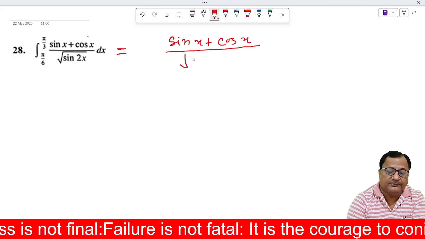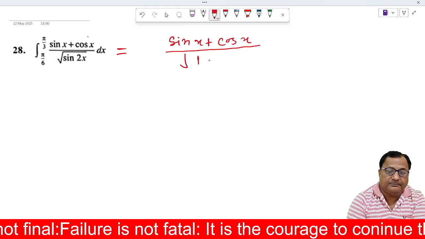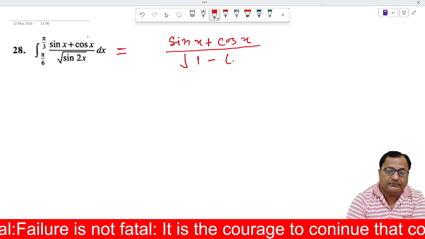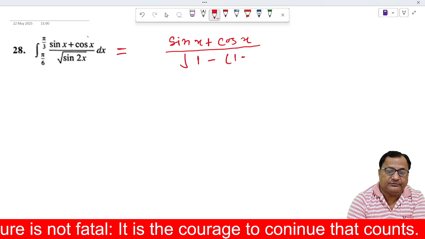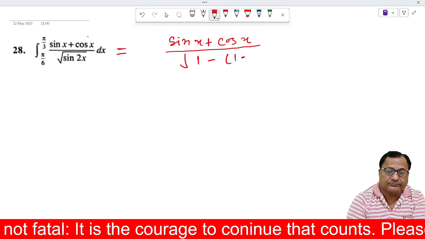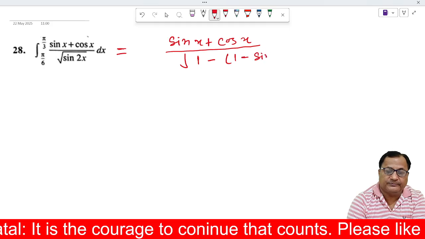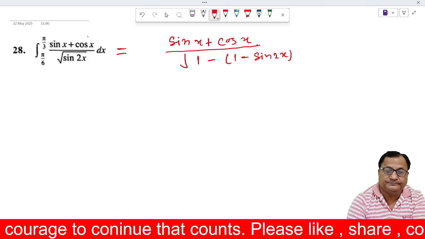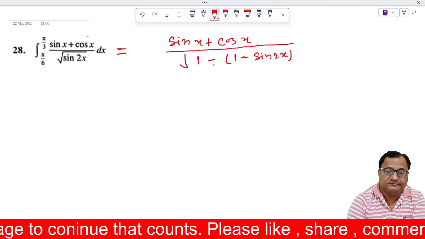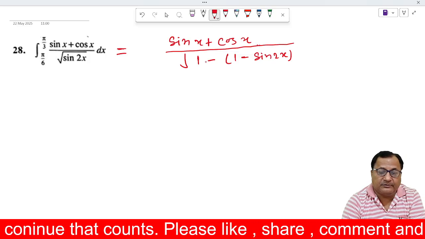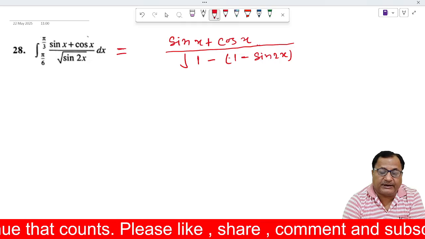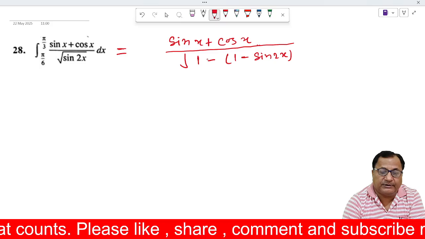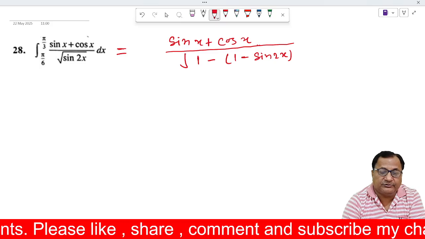We can write 1 minus sin 2x. This can be written, when we remove one bracket, then 1 and 1 will be cut. So this can be written.